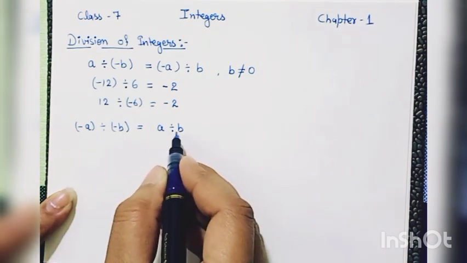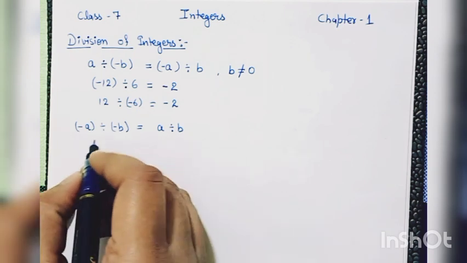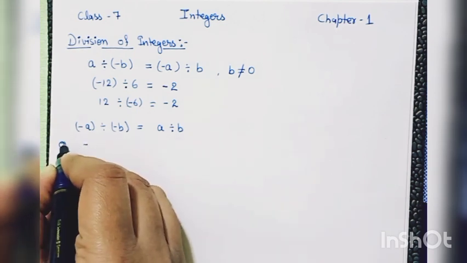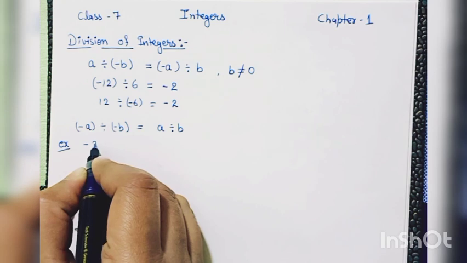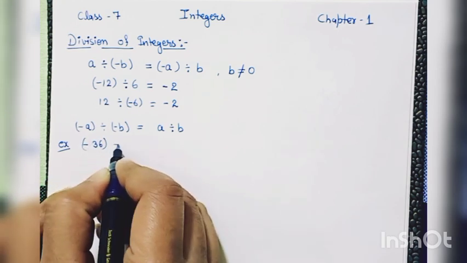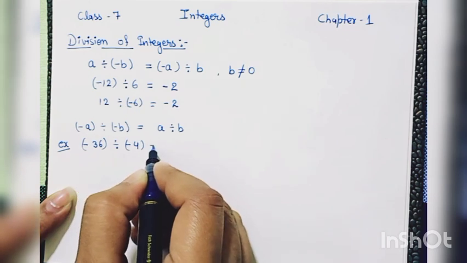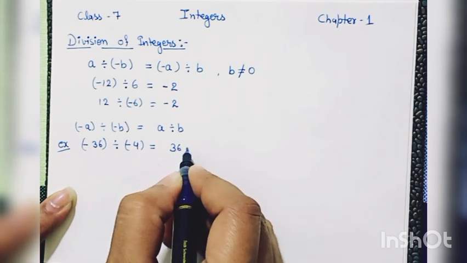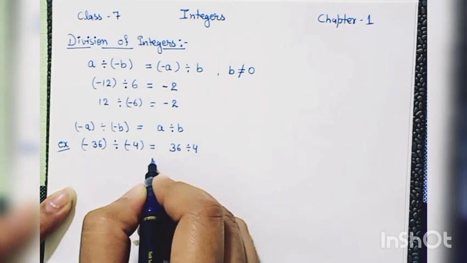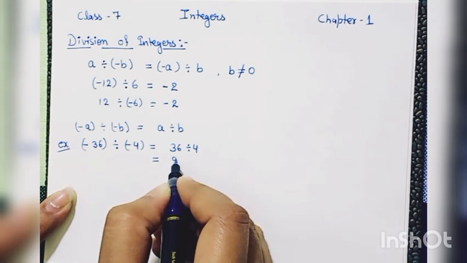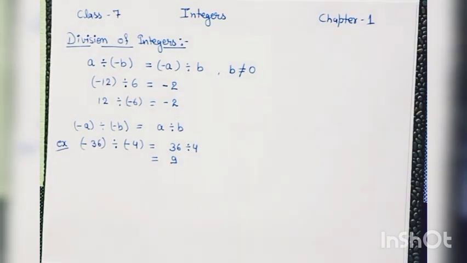For example, minus 36 divided by minus 4 equals 36 divided by 4, and the answer will be plus 9. So these are the two main properties.